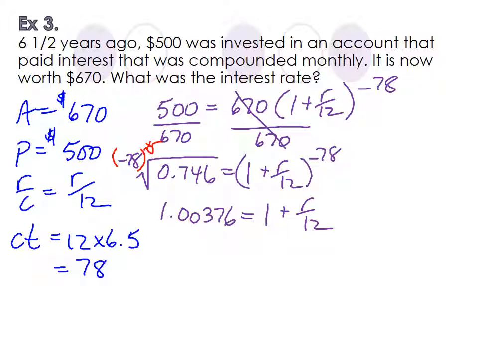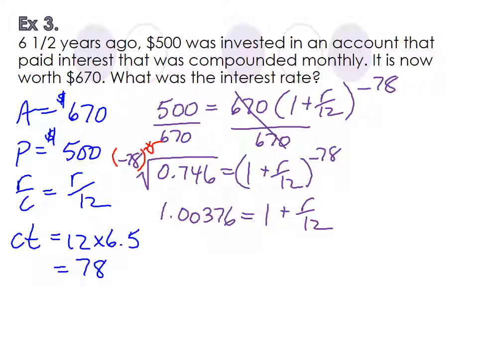If you don't put that in brackets, you're going to get, some of you might have gotten, negative 0.99. That's because your calculator doesn't know you want the negative 78th root, so it takes the 78th root of 0.746 and then multiplies it just by negative 1. So make sure you enter the negative 78th root in brackets like that, and then use your second function shift button to find the nth root of 0.746.